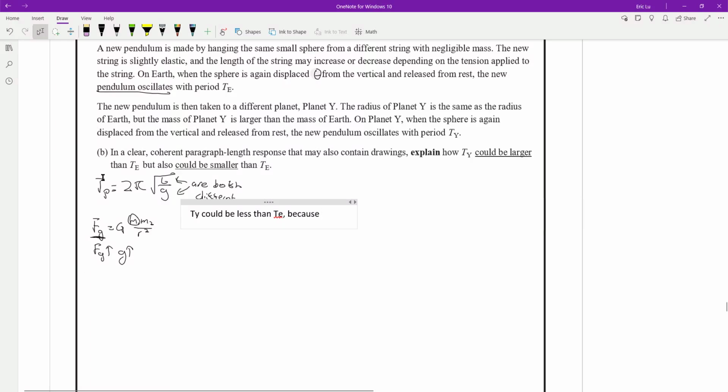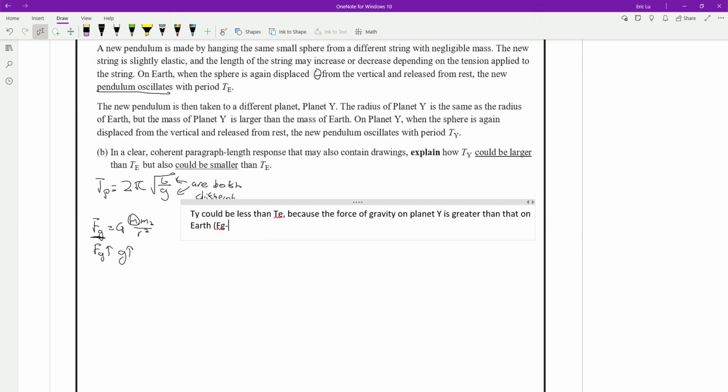And as we can see from our equation, the period is inversely proportional to the square root of gravity. So if g increases, then the period ultimately decreases, because the force of gravity on planet Y is greater than that on planet T. On Earth.